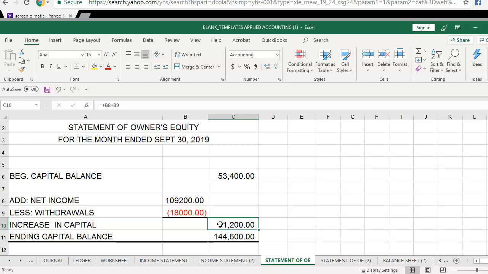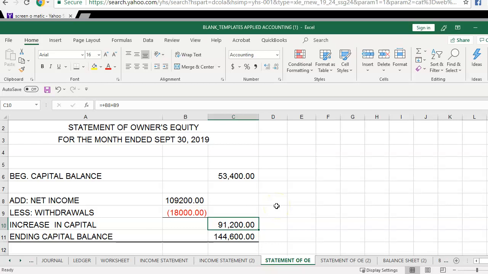If there's an increase in capital, we'll add the increase to beginning capital to get our ending capital balance. If by chance there was a decrease in capital, it's subtracted from beginning capital to get our ending capital balance.